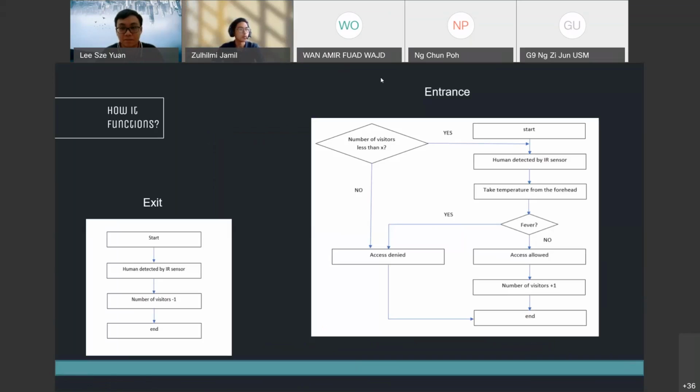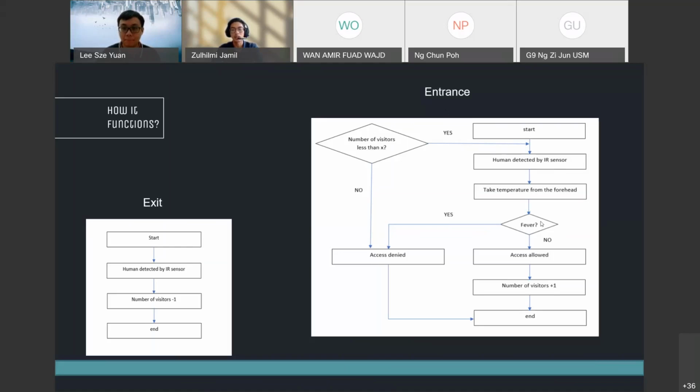Thank you to my group member. So how does it function? As I said earlier, the temperature screening depends on the crowd controlling system. In order for the temperature screening system to operate, the number of visitors must be less than the maximum number allowed in the premise. If it is, the temperature screening will start to operate, and the IR sensor will detect and scan the visitor's body temperature from the forehead.